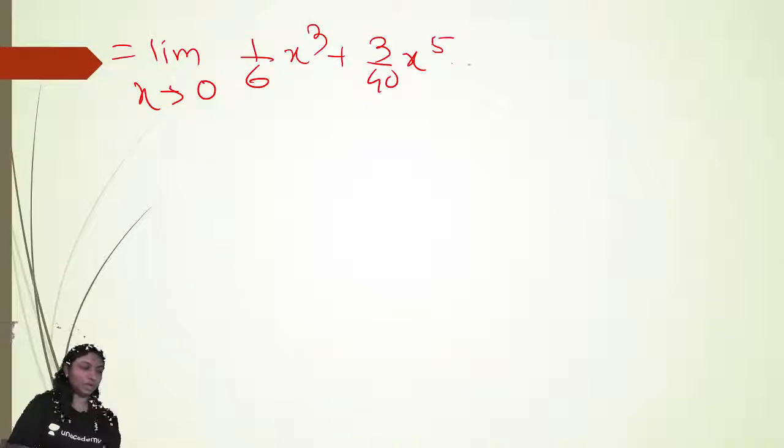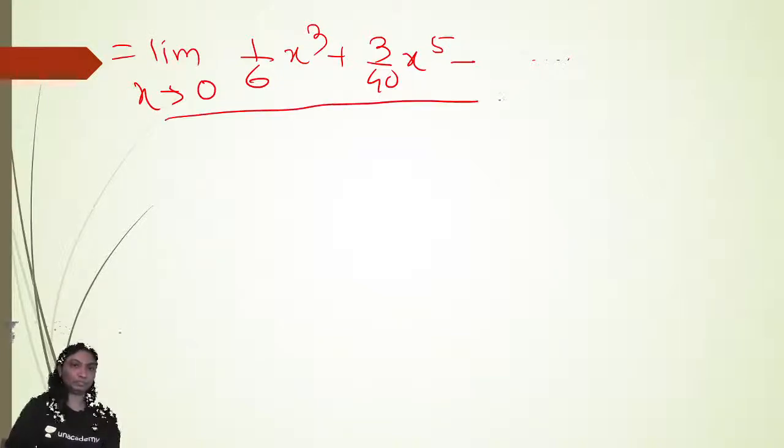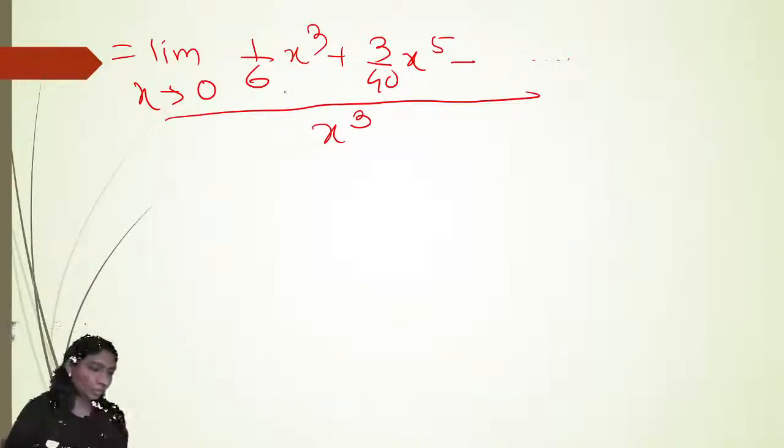So limit as x tends to 0, here it is 1 upon 6 into x cube plus 3 by 40 x raised to 5 and so on, divided by x cube, with the other terms being x with power greater than 5.